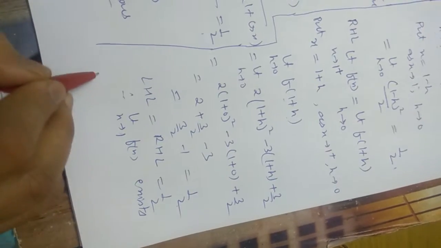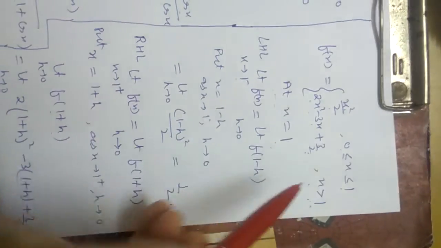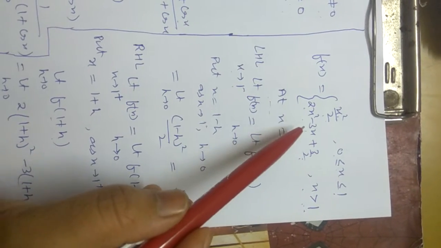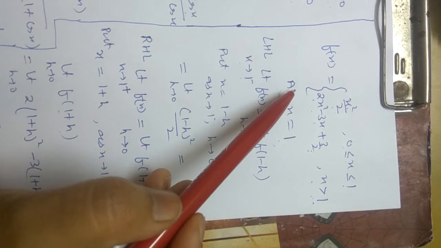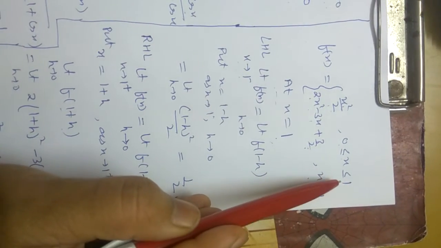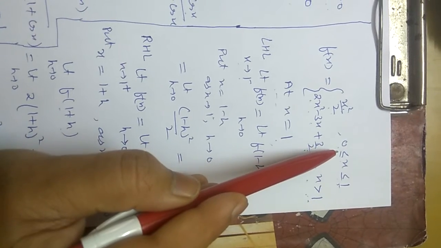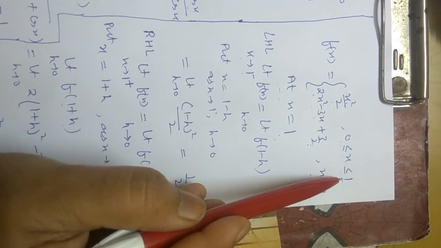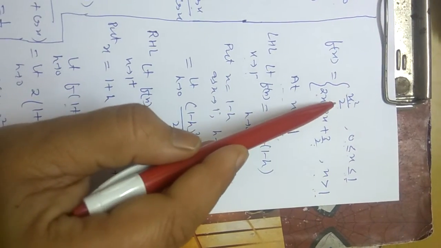And now you have to find f(1). See the function again, f(1). At which part do we have to substitute the value of x is 1? We have to consider that part where the equality sign is there: 0 less than equal to x is less than equal to 1. For x equal to 1, we have to choose this function x square by 2.